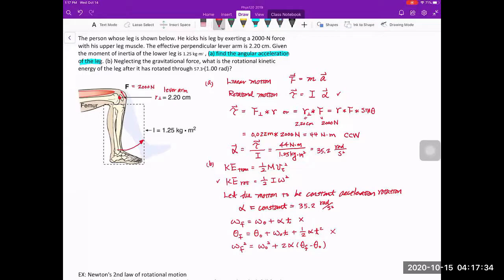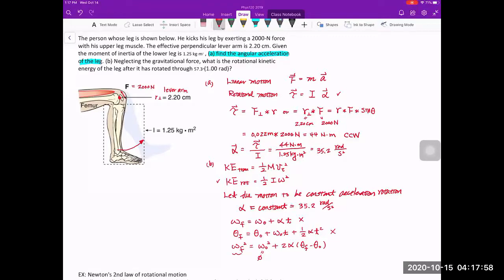Now, when you use the third equation, initially we assume the leg is not moving, so there's no omega 0. We just need to know the final omega squared, which is equal to 2 alpha times the change of the angle. What is the change of the angle? Well, it tells you it's 57.3 degrees.